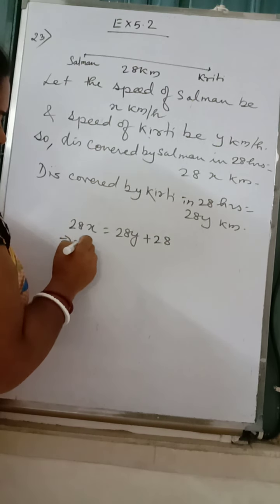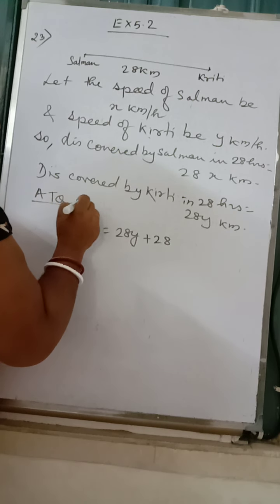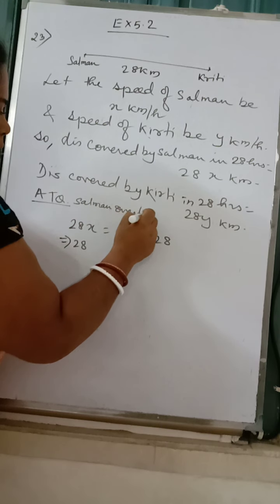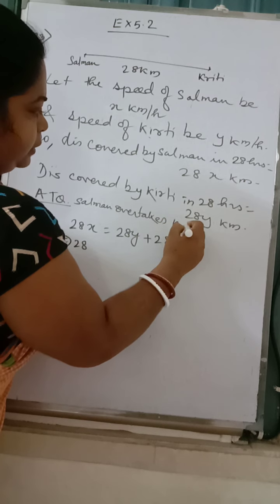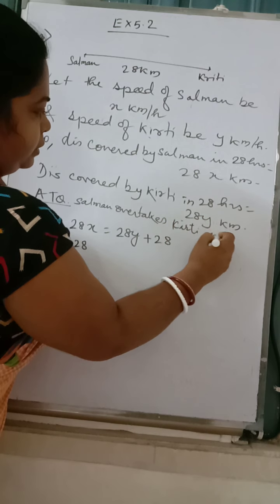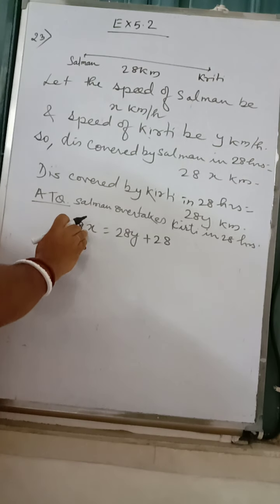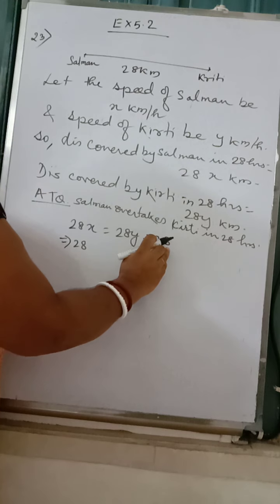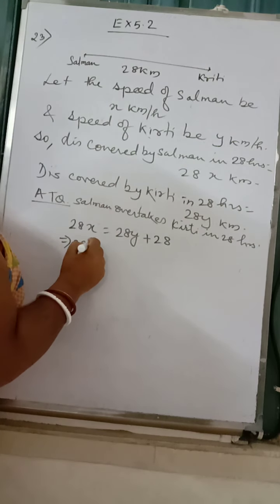Now, according to the question, Salman overtakes Kirti in 28 hours. So we can write distance covered by Salman is equal to distance covered by Kirti plus 28 kilometers, because Salman was 28 kilometers far from Kirti.